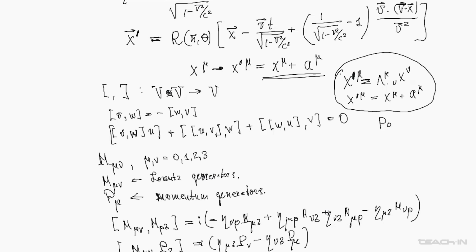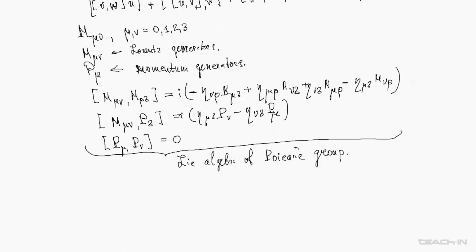Good. Now, let me say one more thing to finish this story about the Lie algebra of the Poincare group: in quantum theory, the Poincare generators become Hermitian operators. In fact, this explains why there is an i in these relations.